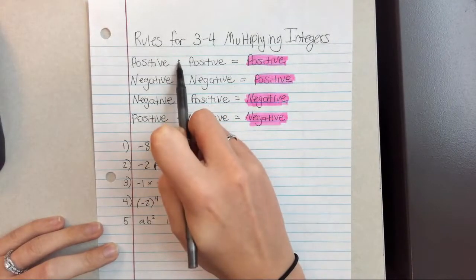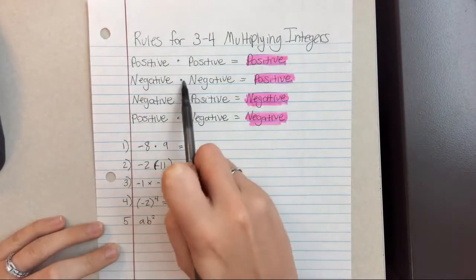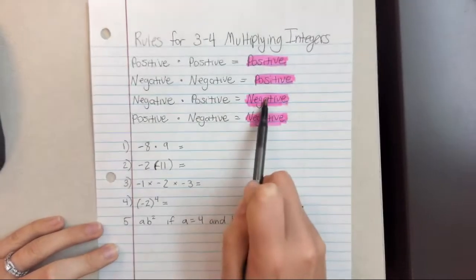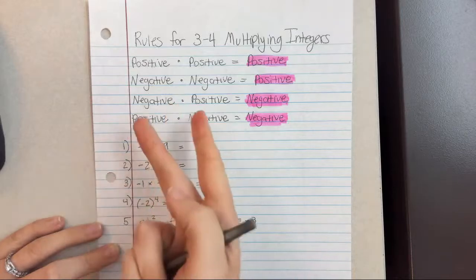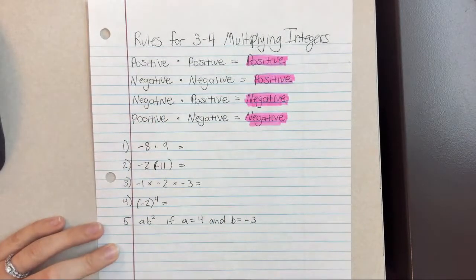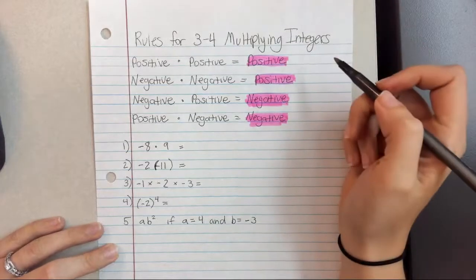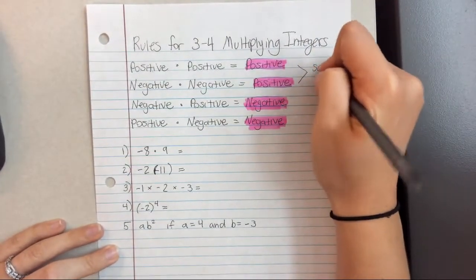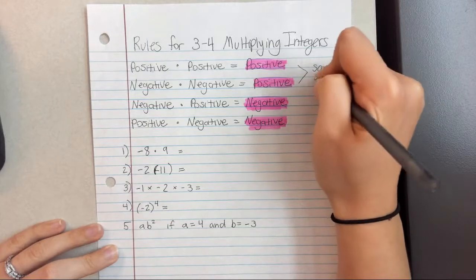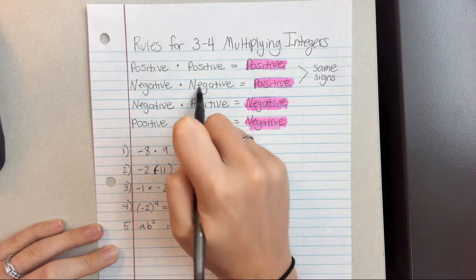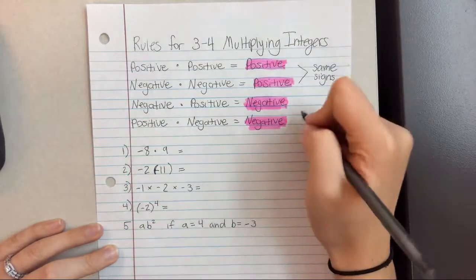That dot means multiply. Negative times a negative is a positive. Negative times a positive is a negative, and since this one is just switched around, a positive times a negative is also a negative. And the rule we talked about in class is here they have the same signs, positive, positive, negative, negative, and so that's why it's positive.